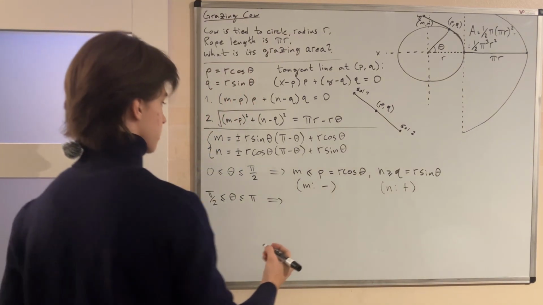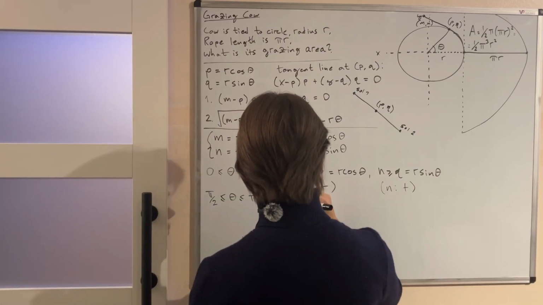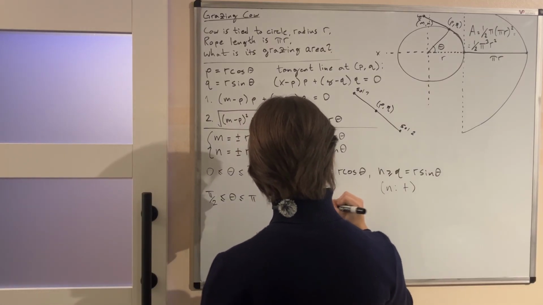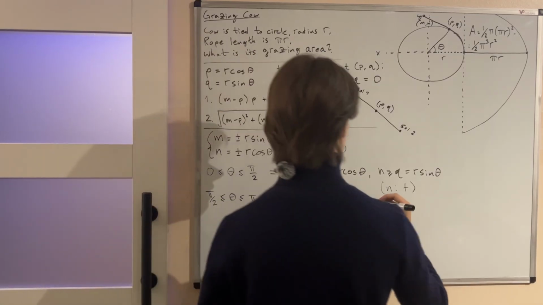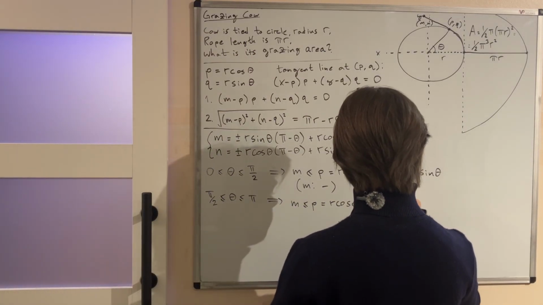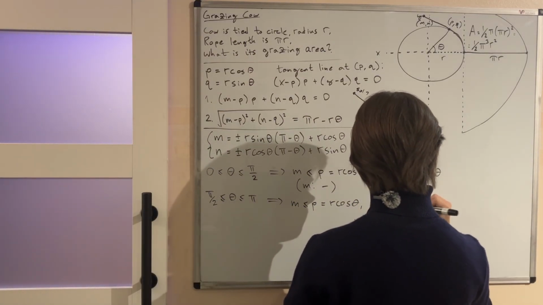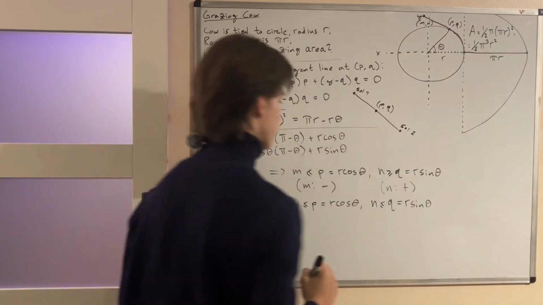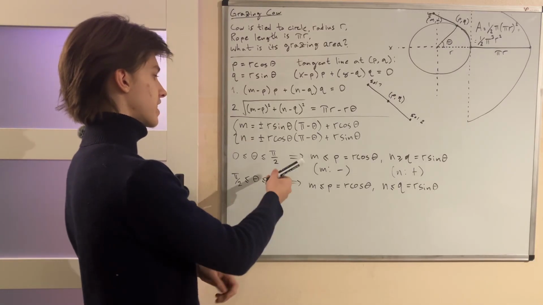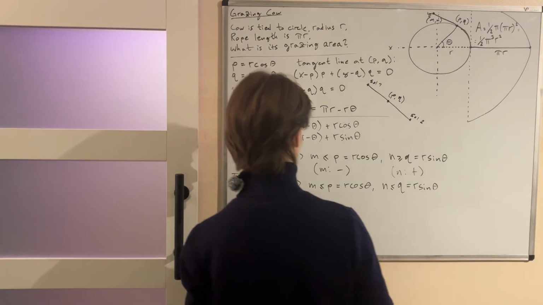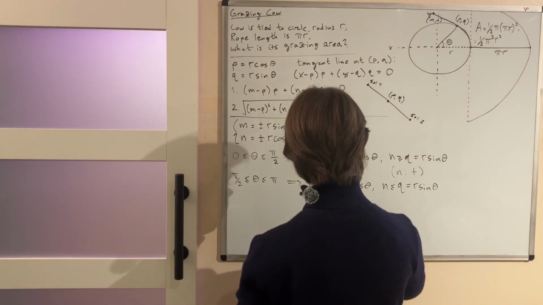And again, writing that in our language, we get that m should be less than or equal to p, which is our cosine of theta, and n now will be less than or equal to q instead of greater, which is equal to our sine of theta. For m to be less than or equal to p, the reason is identical to that of the first quadrant, so for m we have to choose the negative one.